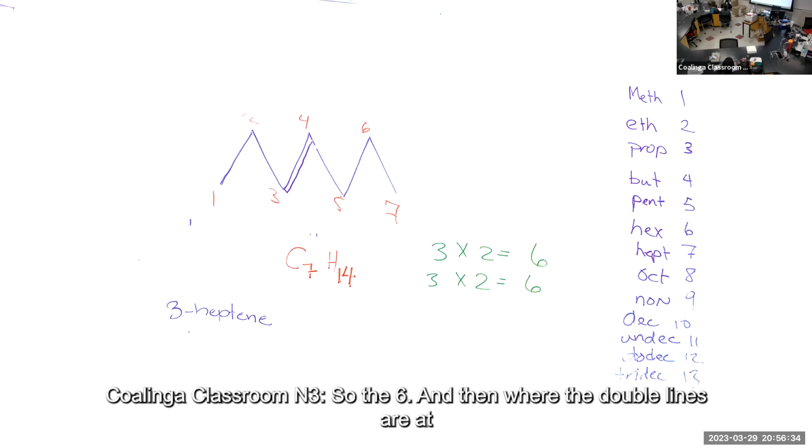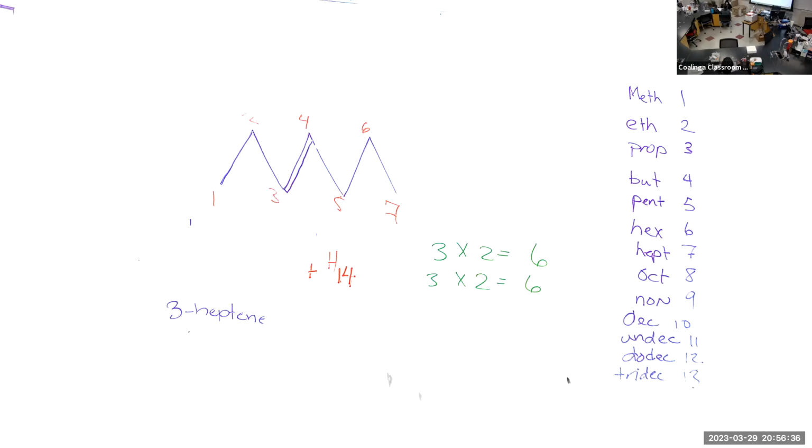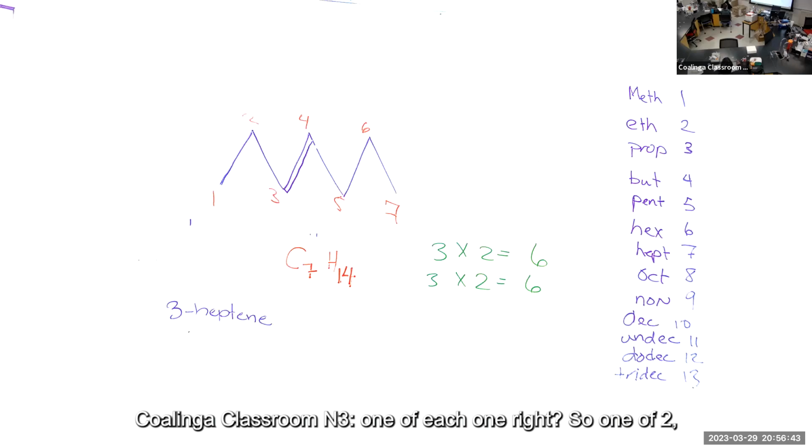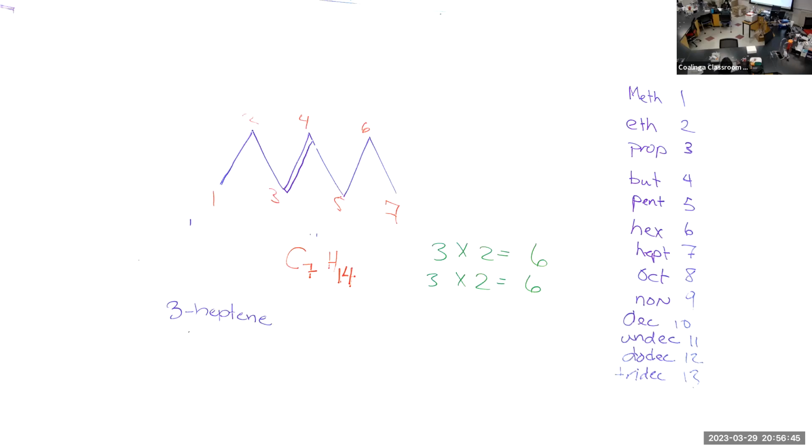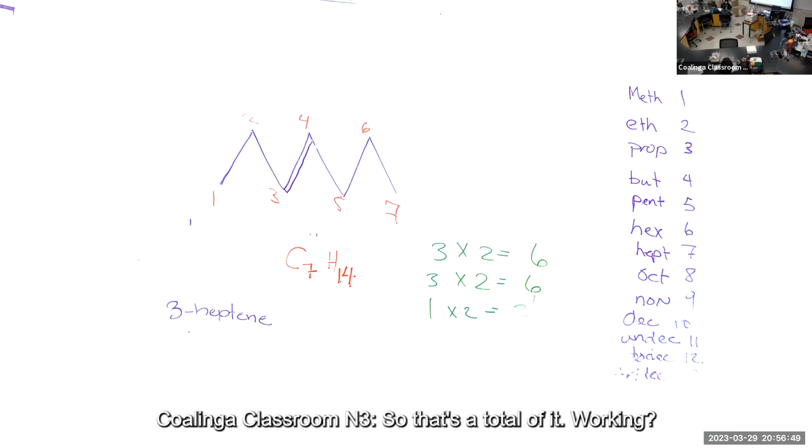And where the double bond is, there's 1 hydrogen on each carbon, so 1 times 2 is 2. So that's a total of 14.